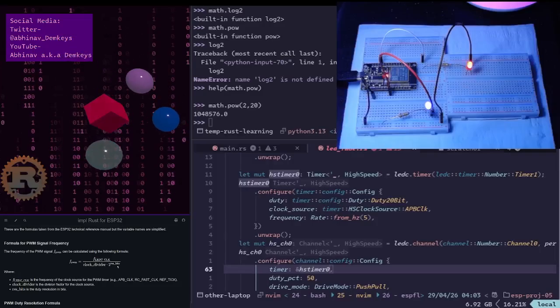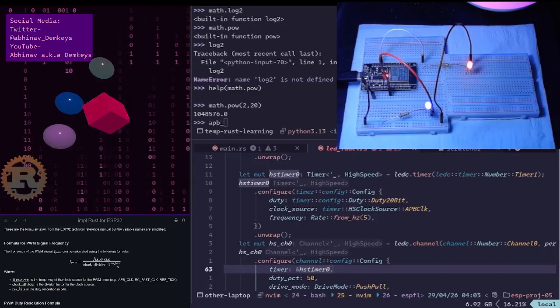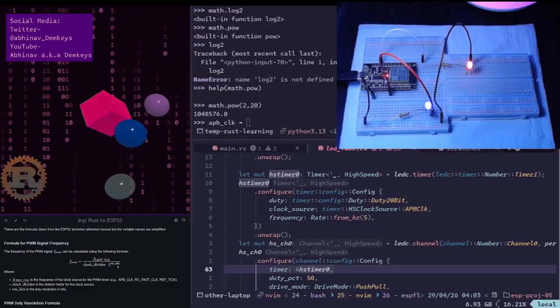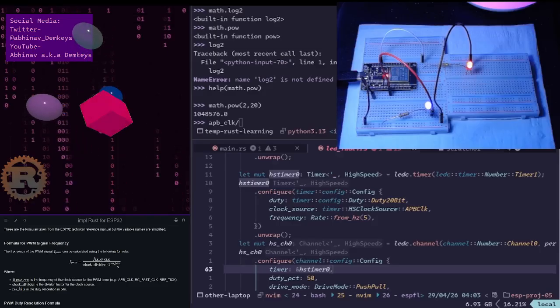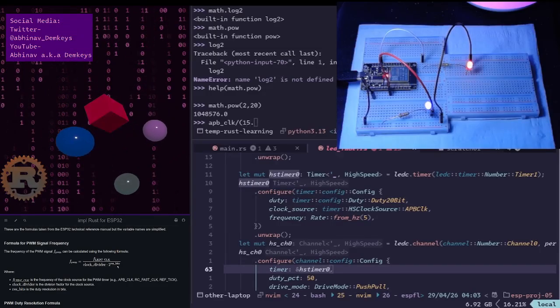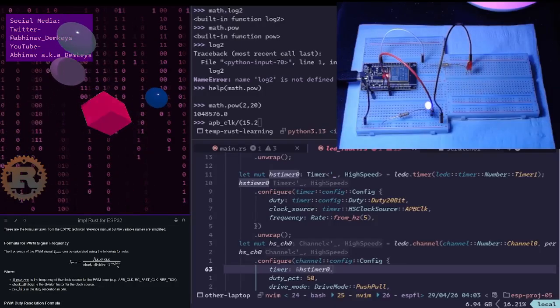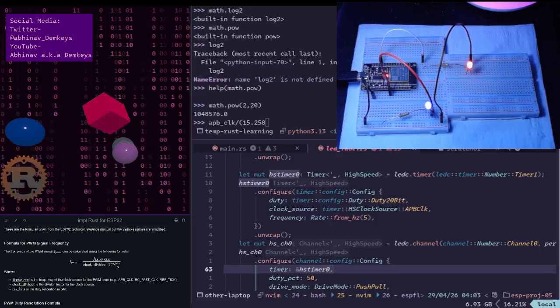All right. So to calculate our PWM, we are going to do APB clock divided by clock divider, which is 15 point, I don't know how precise I should be. Should I round this off maybe?